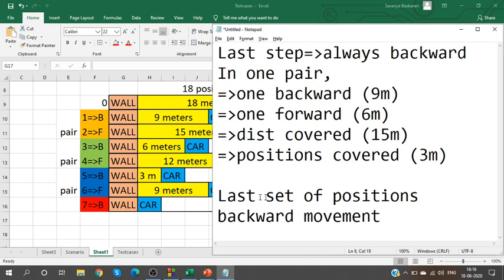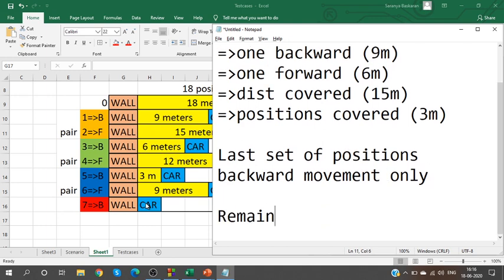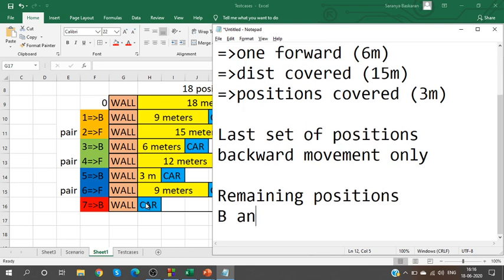If you have 9 meters or 12 meters, whatever it is, the last will be backward only, no forward. The remaining positions will be backward and forward. Clear? That is, it will be a pair.